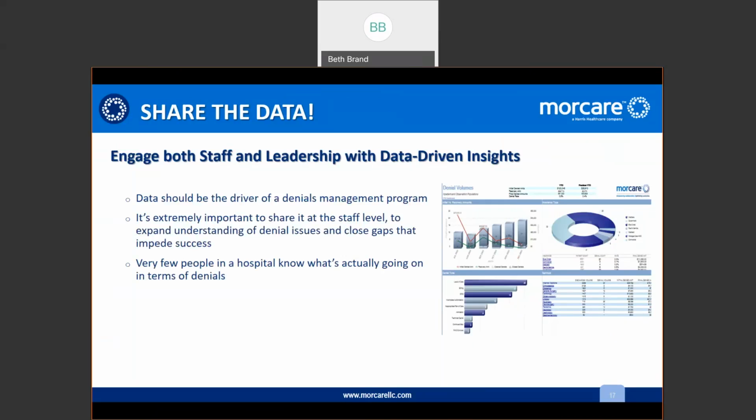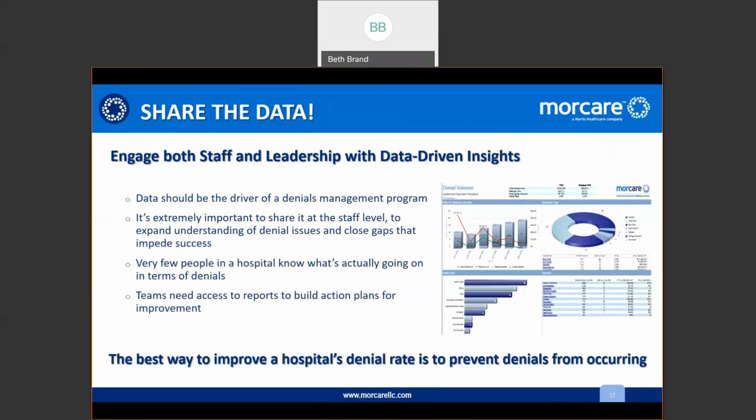They don't know what the denial rates are, and in many cases, they're not being asked for input on how they can help improve processes. Teams need access to reports to build action plans for improvement. If you have the data and teams are developing action plans and looking for improvement opportunities, they will find ways to reduce length of stay and cost and help improve quality and avoid denials. Remember, the best way to improve your denial rate is to prevent them from occurring in the first place.